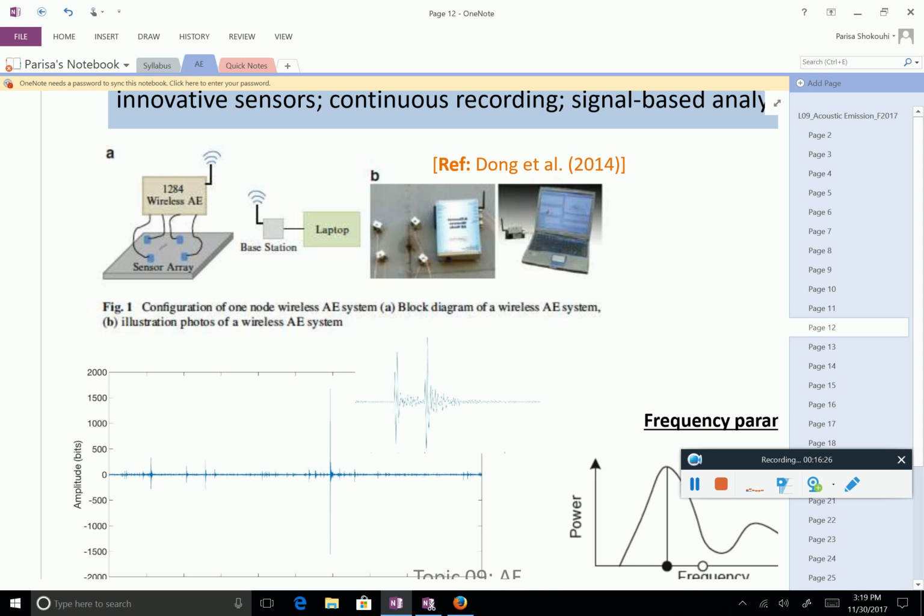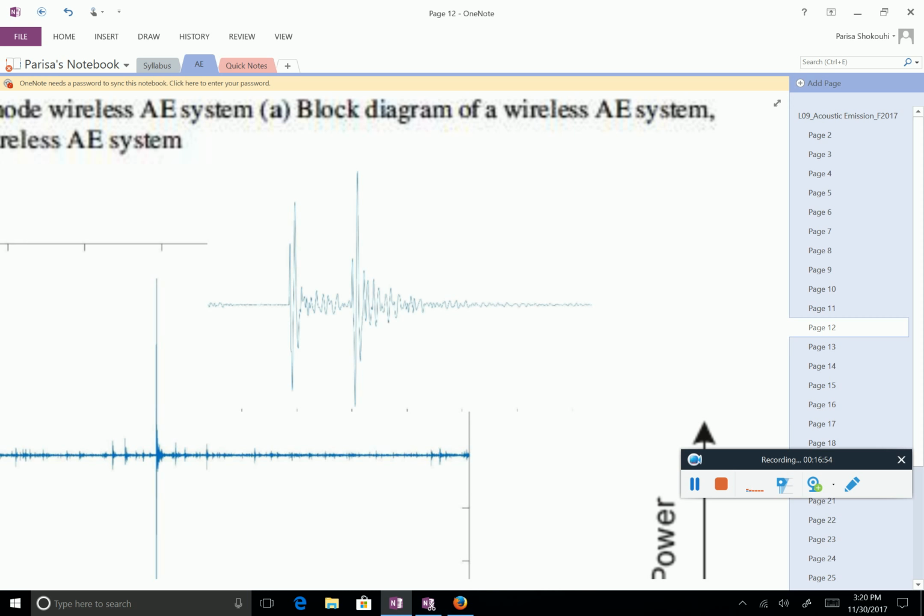Another important change is that as data acquisition has become faster and storage has become cheaper, we have had the opportunity to save the entire waveform. We don't just put a threshold beforehand and look for the counts.